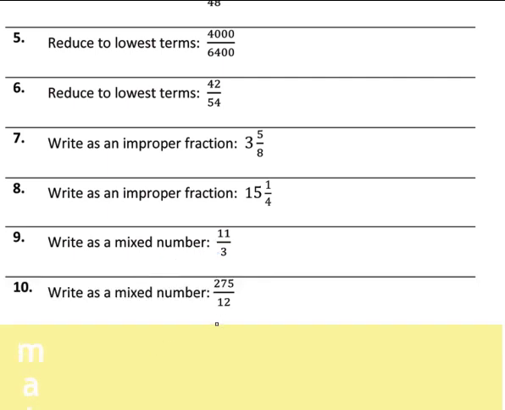All right, let's look at this example. We want to write this as a mixed number, so we're going to divide 12 into 275 to find out how many whole numbers we have. So let's do that. 12 into 27 goes 2 times. And bring down the 5.